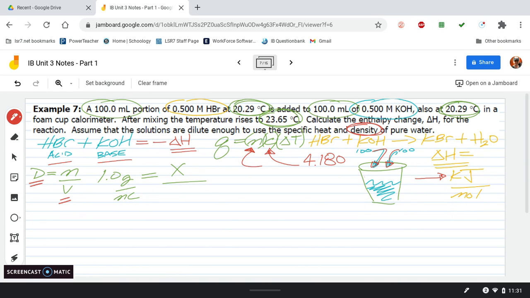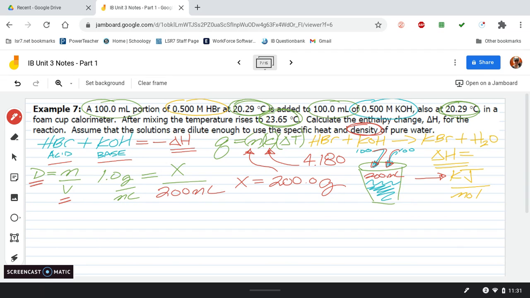You're going to end up with 200 milliliters in the cup. So we'll put that 200 milliliters right here. And 200 times 1, milliliters cancel, x is going to be 200 grams, or 200.0 grams. So there's our mass. So now we have a mass. So let's correct our arrow a bit there.